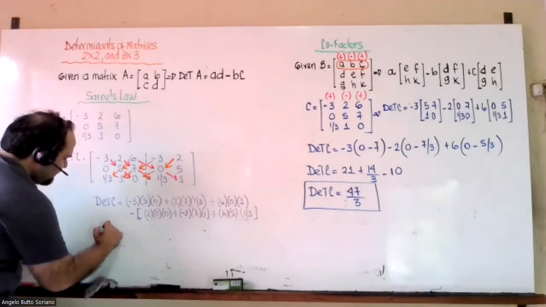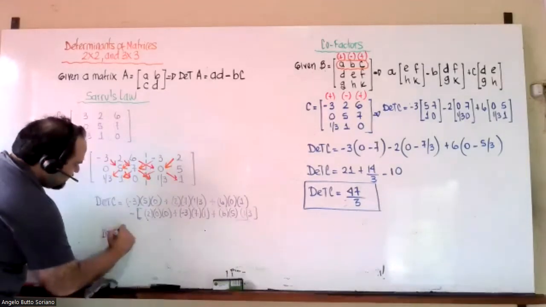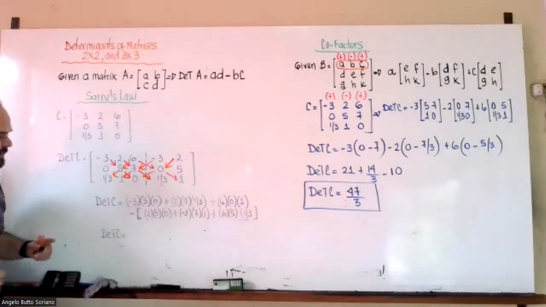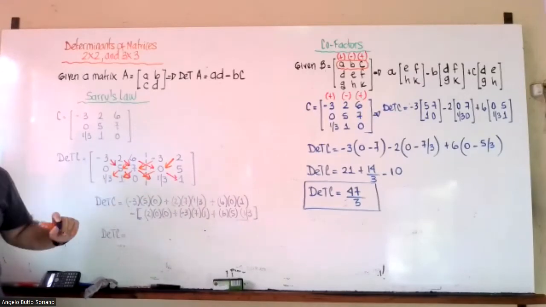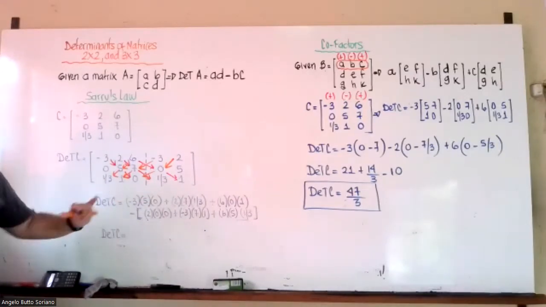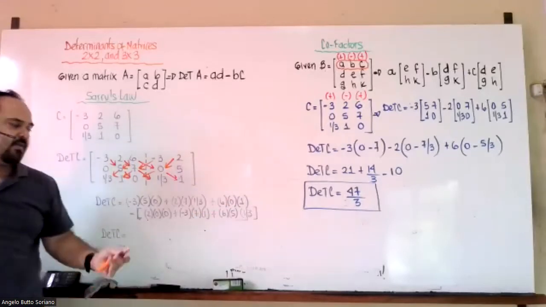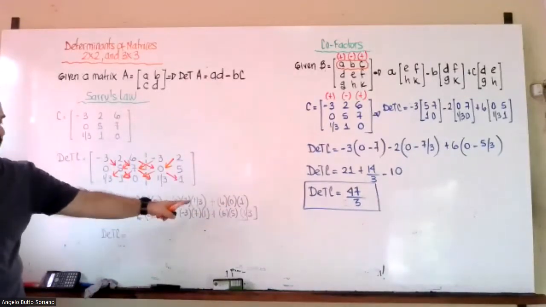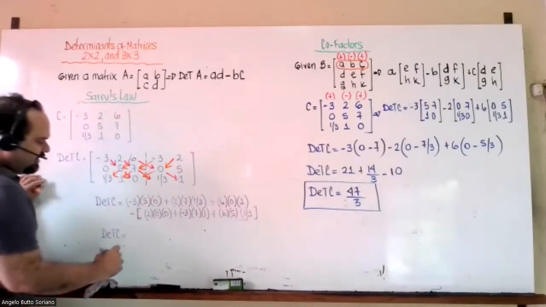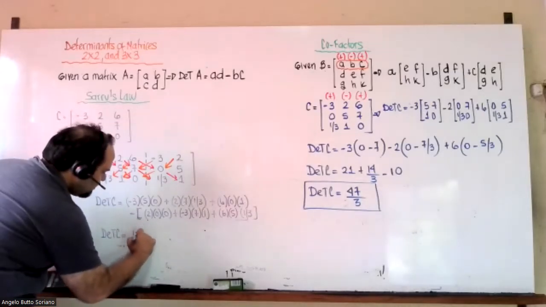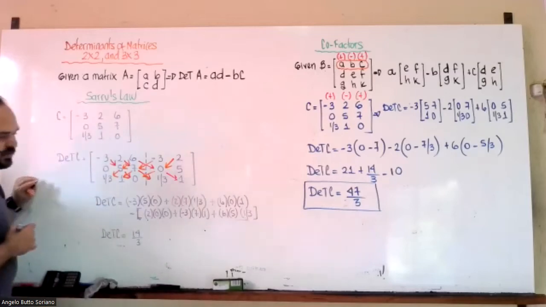So let's begin. Determinant C will be equal to negative 3 times 5 times 0, that will be 0. Over there, 6 times 0 times 1, that will be 0. But 2 times 7 times 1/3, that will be 14/3. Okay?